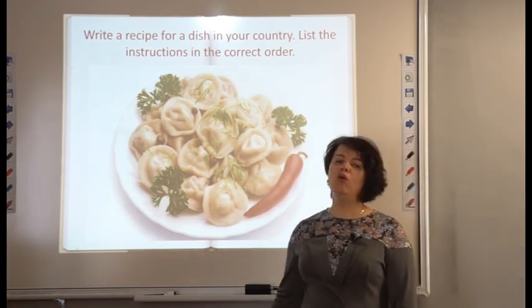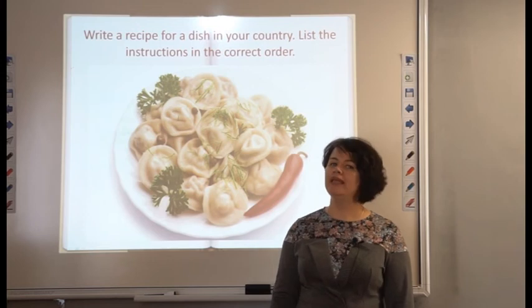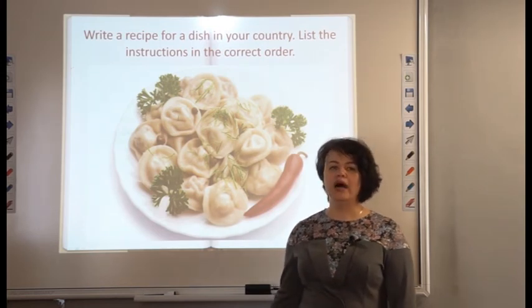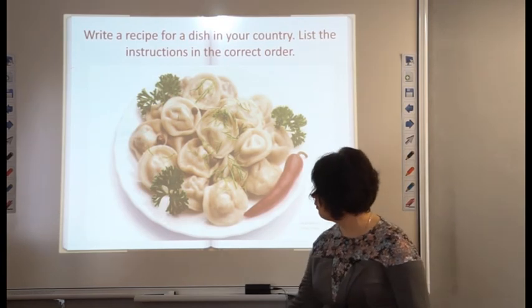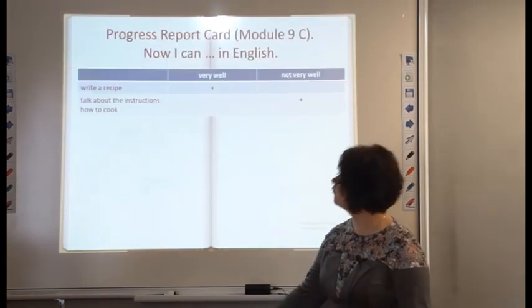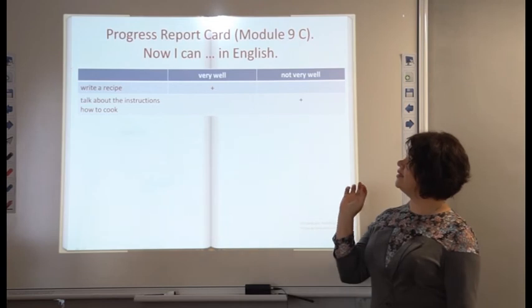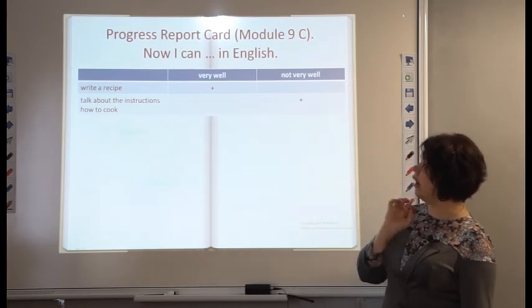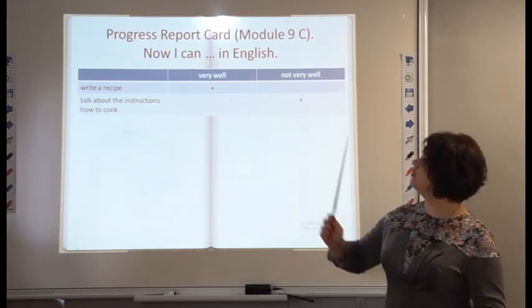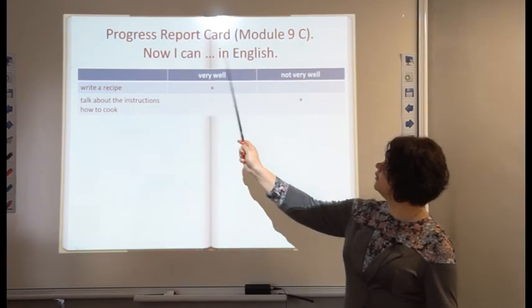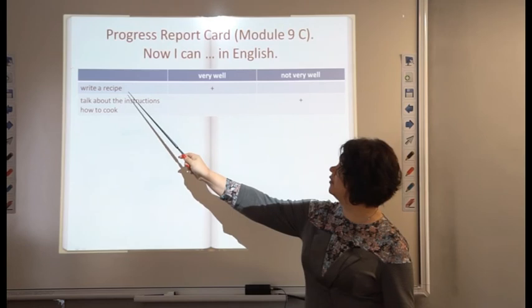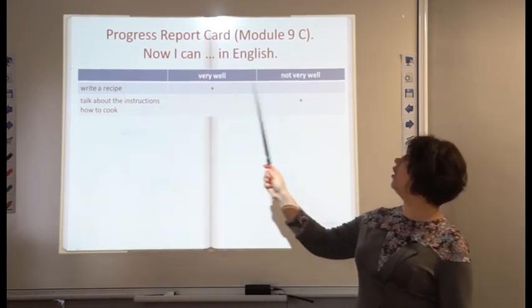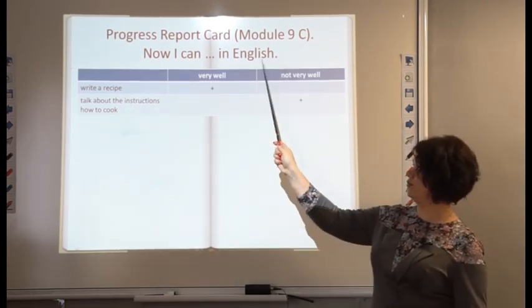Then our lesson is coming to an end. That's why we should draw a conclusion. Now complete this progress report card and complete the sentence. Now I can write a recipe very well or not very well in English.